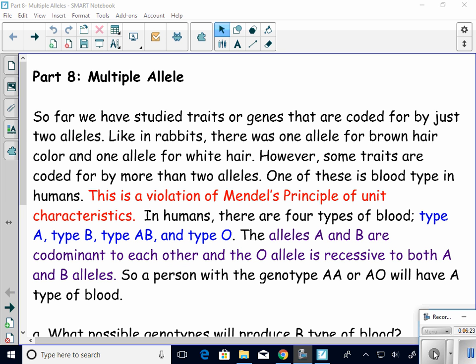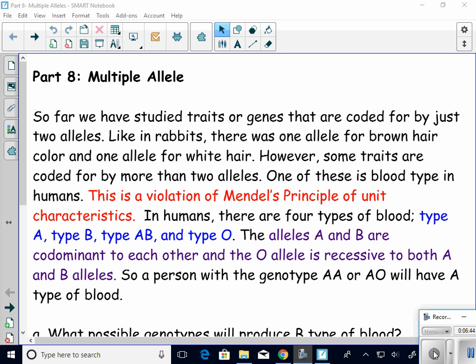So the alleles A and B are codominant to each other, and the O allele is recessive to both A and B. So a person with a genotype of AA or AO will have A-type blood. Does that make sense?